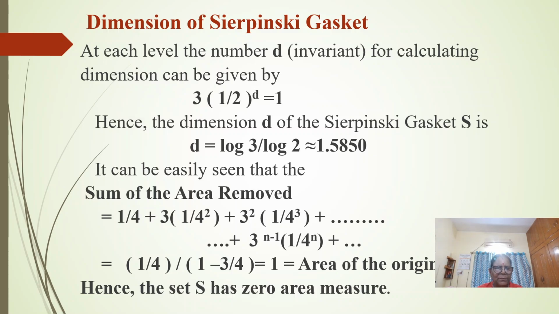So, following the same rule, we first take 1/4 common, and since it is a geometric series, we use the same formula, and we are getting (1/4)/(1 - 3/4), that is equal to 1. So, the sum of the area removed is equal to the area of the original triangle. Therefore, the set S has 0 area measure.